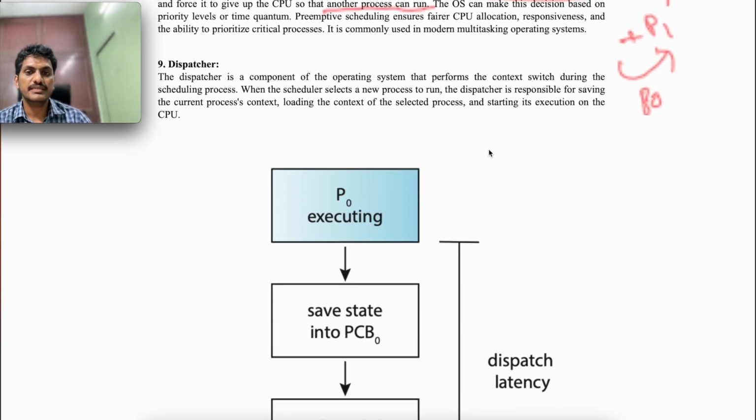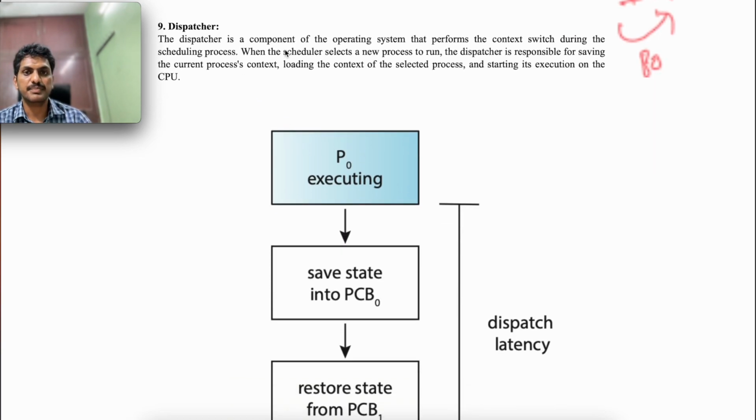So next one is dispatch. What is dispatching? Dispatcher is a program. What is it doing? It performs context switching during the scheduling process.